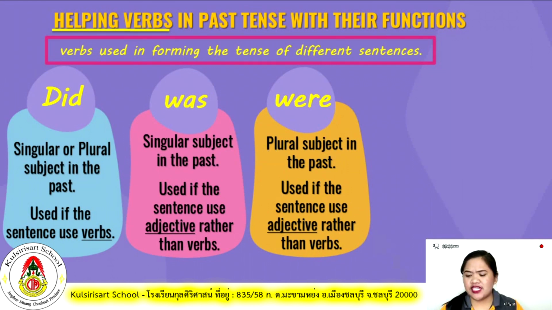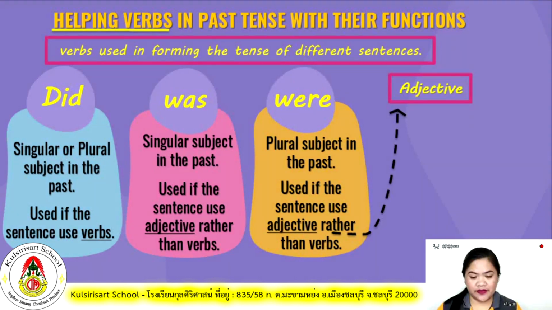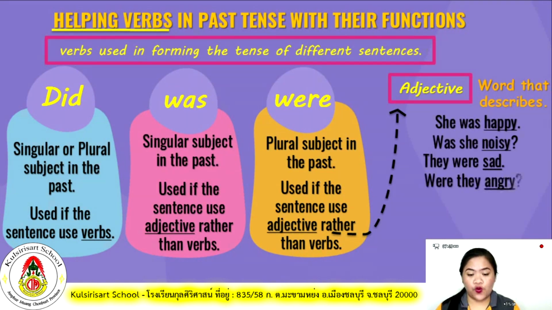Now let's proceed. What is an adjective? Here we have the meaning of adjective. It says a word that describes. Again, an adjective is a word that describes. So we have here an example: She was happy.